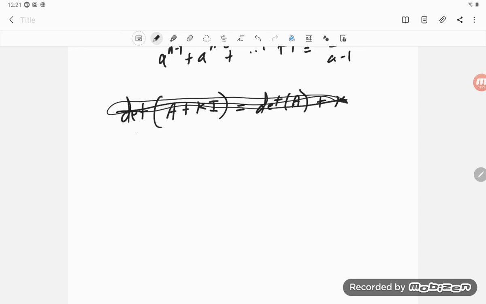Sorry, I wanted eigenvalues. Okay, so the eigenvalues of A plus kI are equal to the eigenvalues of A shifted by k.